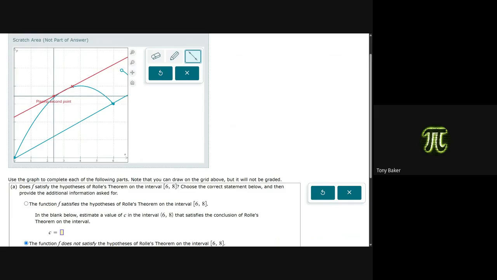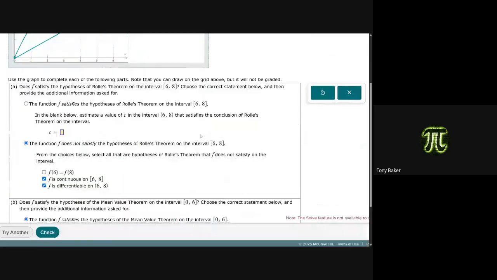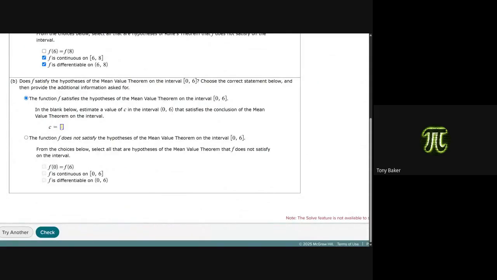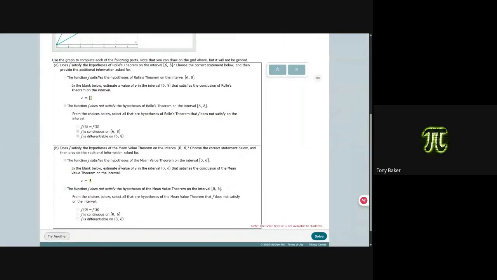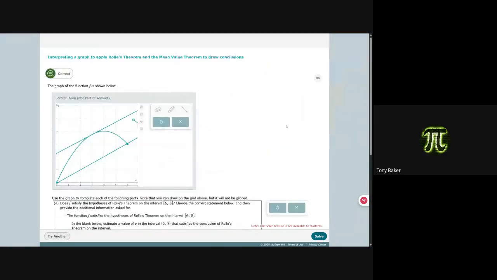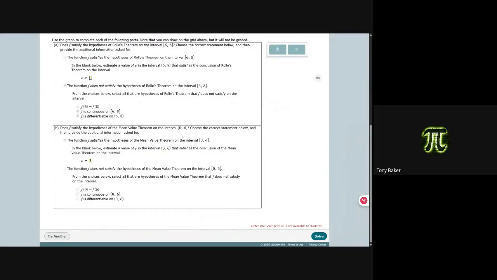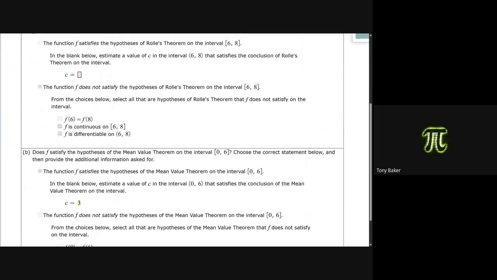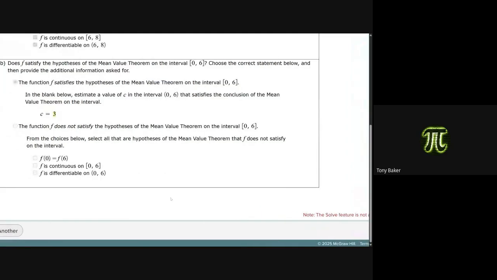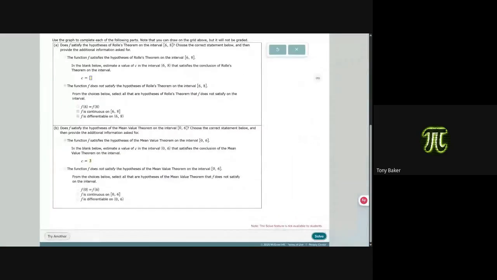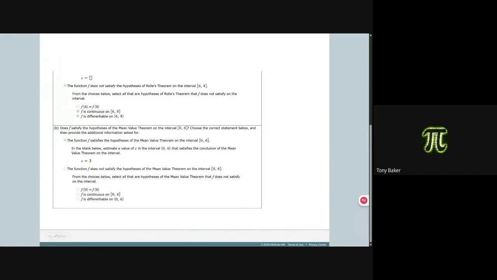Maybe closer to 3. Let's try 3. It does say estimate, so I'm going to suspect it's going to give you a range in it. Okay. There, let's try another one of these.